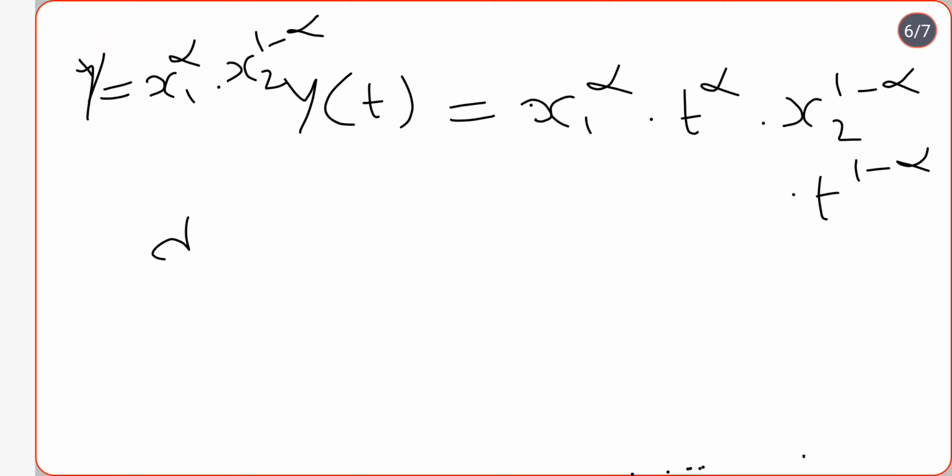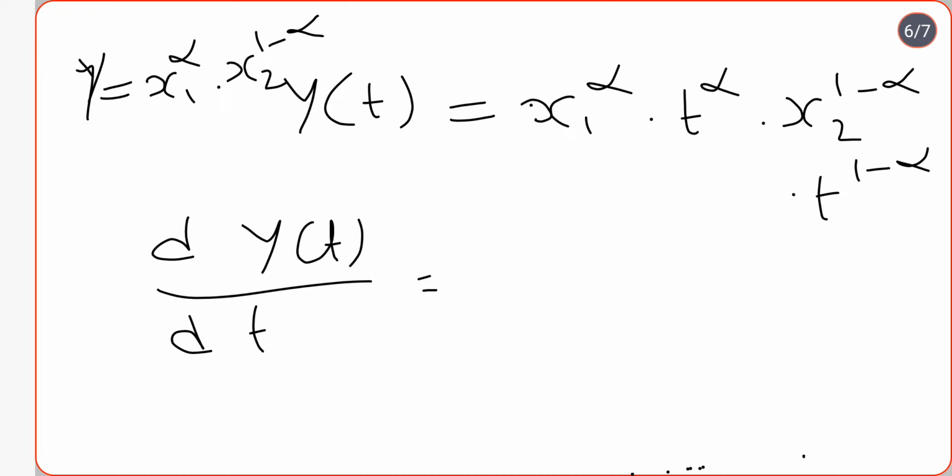So now differentiate this with respect to t. What will we get? We will get x1 to the power alpha into x2 to the power 1 minus alpha, but this t to the power alpha and t to the power 1 minus alpha has now become only t, because the bases are equal, so the powers will be added.